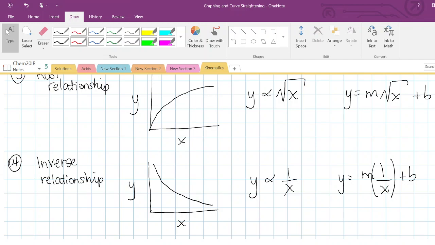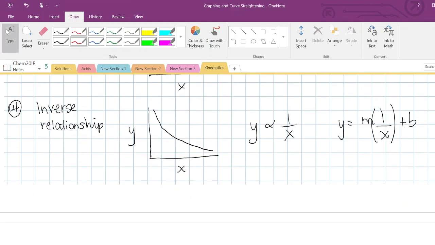So the root relationship also starts steep and flattens out, but it has a positive slope the whole way along, whereas your inverse relationship has a negative slope. And for this particular relationship, our proportionality statement is y is proportional to 1 over x. And so what that means in terms of the equation of the line is that it becomes y is equal to m times 1 over x plus b.